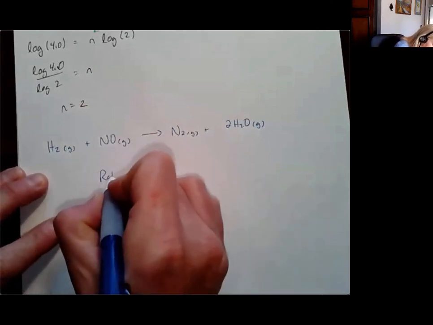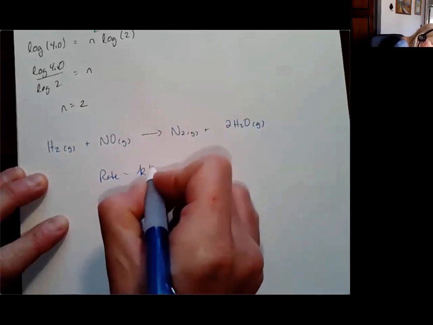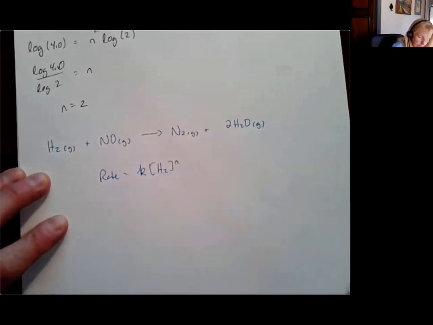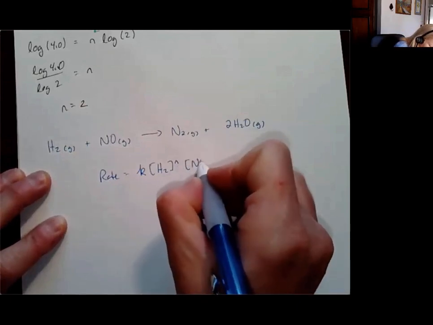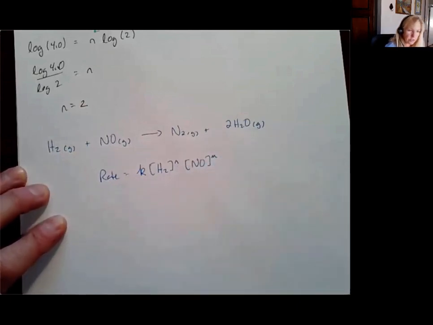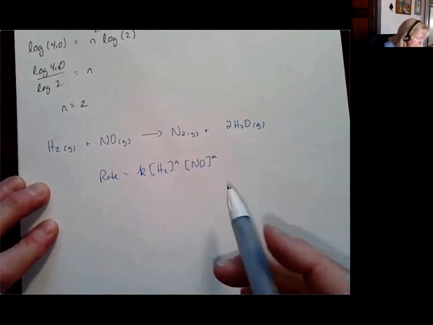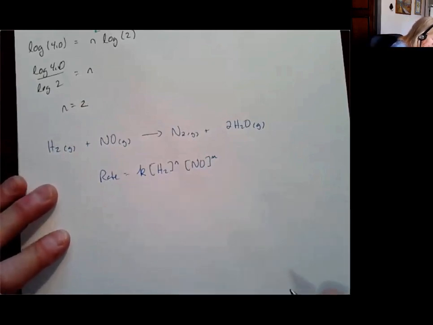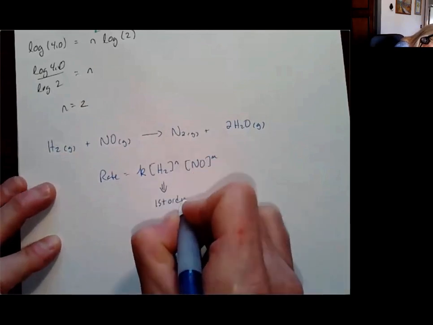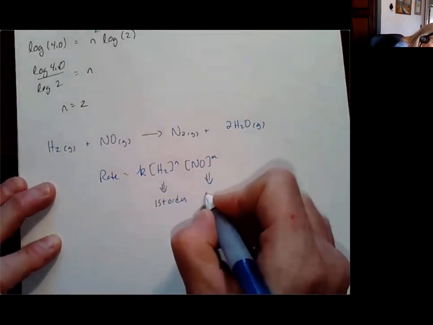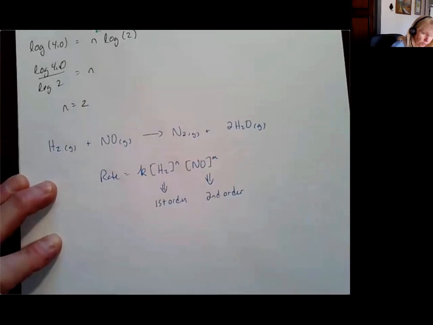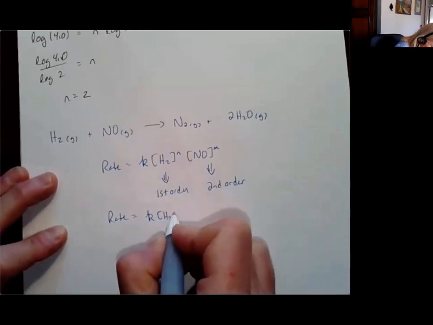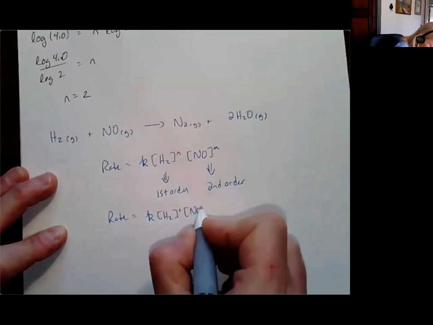So my rate law would be my rate constant times H2 to some reaction order, whether it's 0, first or second, and NO to some other reaction order, 0, first or second. So it could be any of those. So let's say that I calculate this out and it's first order for H2 and second order for NO. Then my overall rate law would look like this: H2 to the 1, NO squared.